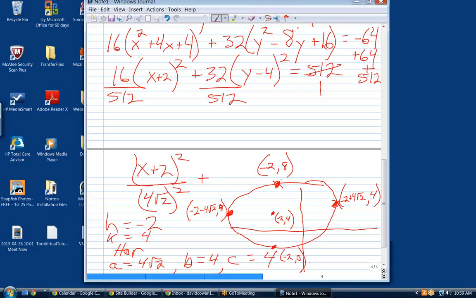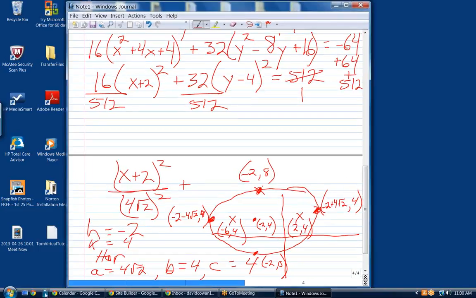I didn't draw it right, but it doesn't really matter if you draw it right or wrong, as long as you get the coordinates correct. And then our foci are 2 comma 4 and negative 6 comma 4. Good to go.